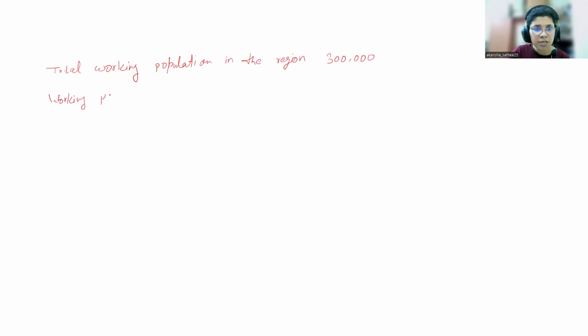So this you have to do. First, you have gone through the passage, then you have read the questions carefully. Now you are going to extract the information. The first information given is the total working population in the region, that is 3 lakh. Next is the working population in rural area, which we need.